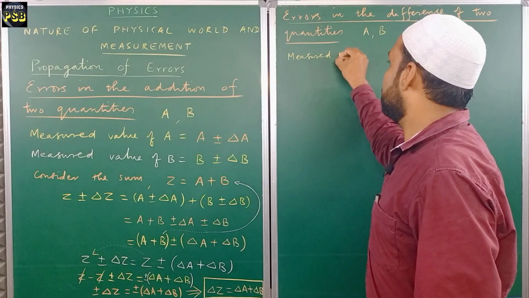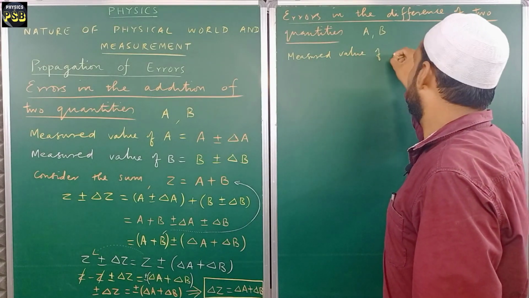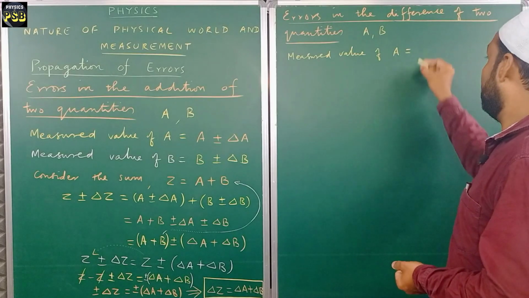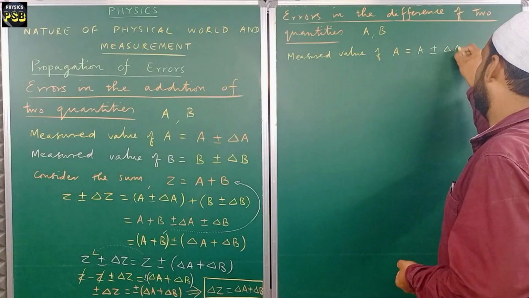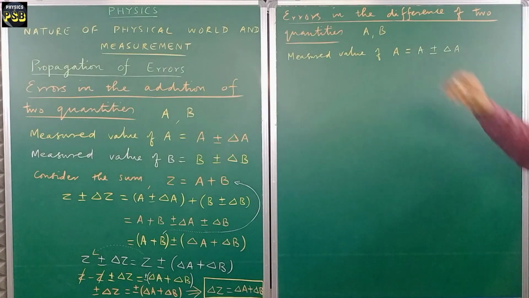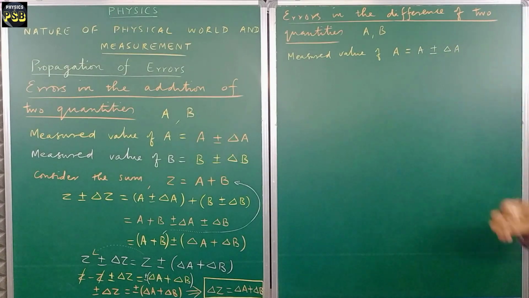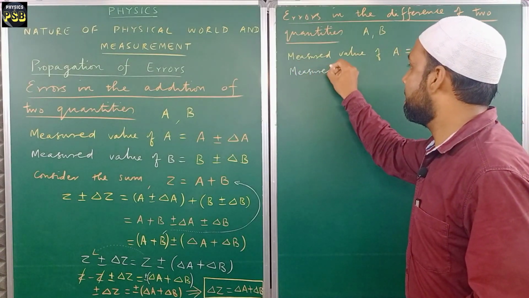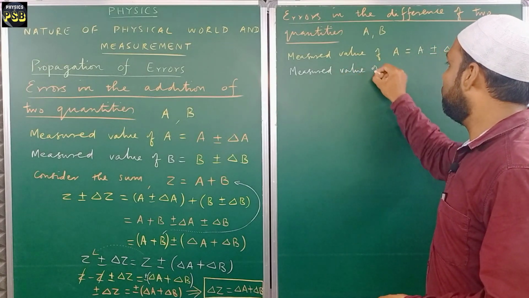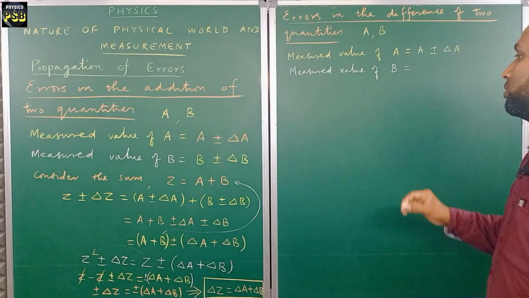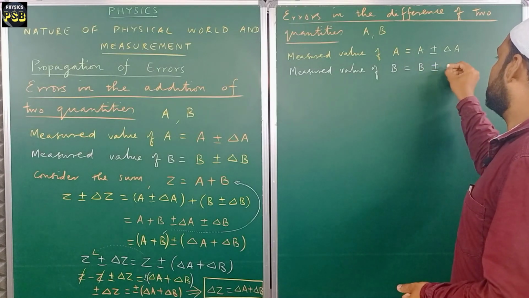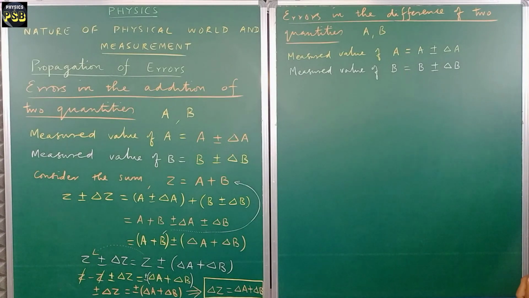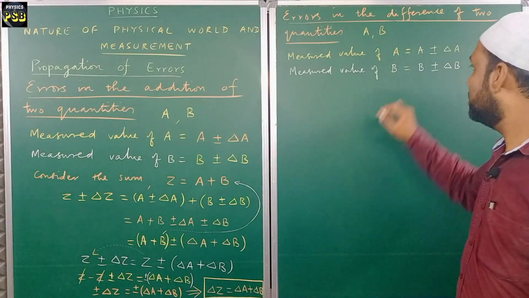Measured value of A is found to be A plus or minus delta A. Here delta A is absolute error in the measurement of the quantity A. Then the measured value of B is found to be B plus or minus delta B. Here delta B is the absolute error in the measurement of quantity B.